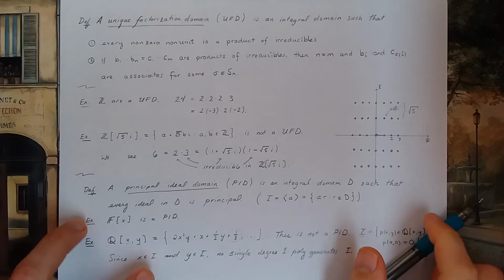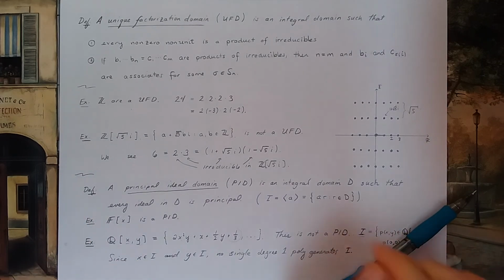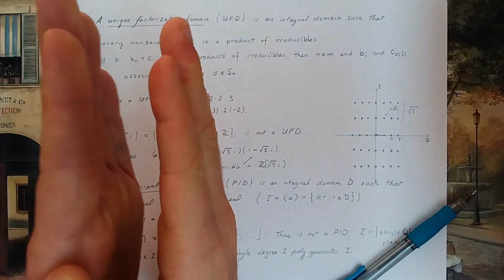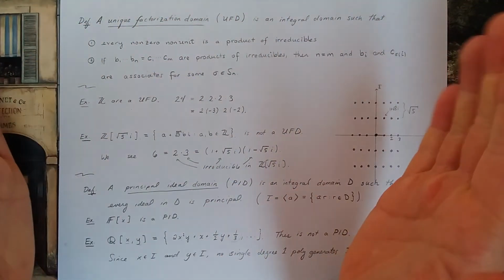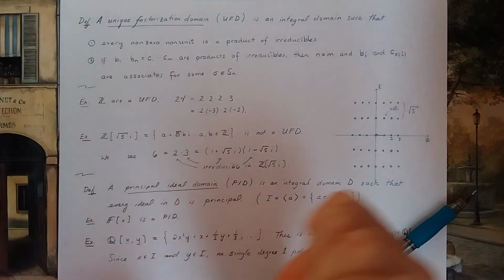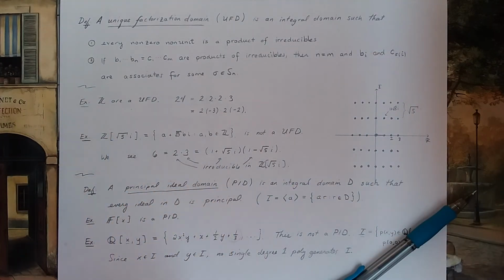So in this video, I've defined 2 things: a unique factorization domain. When you think about that, think about products of primes or irreducibles, just like we have for the integers. And we also defined principal ideal domain. That's a very nice property where every single ideal that you could find in your ring is principal.